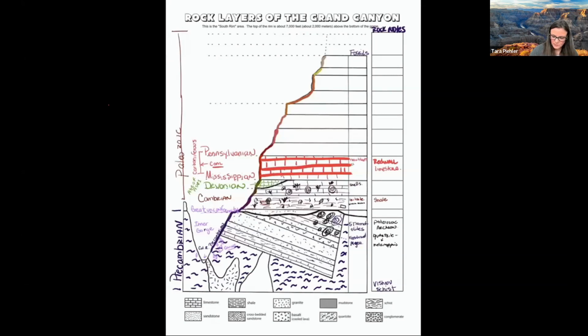We'll have clams, we'll have shells. Coral is also in the layer. Let me see if I can draw a little guy here.